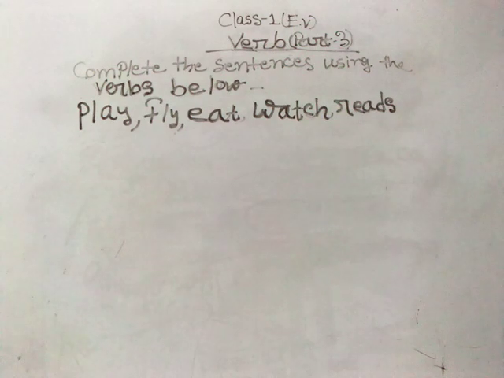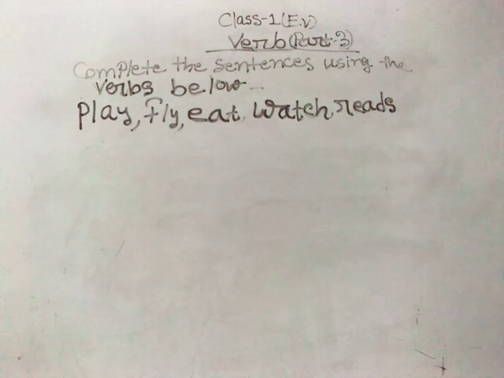Then reads: read means to go through any article or anything, and here s is with read. Whenever our subject is third person singular in present tense, we use s with the verb. So that's why s is here with the verb read.